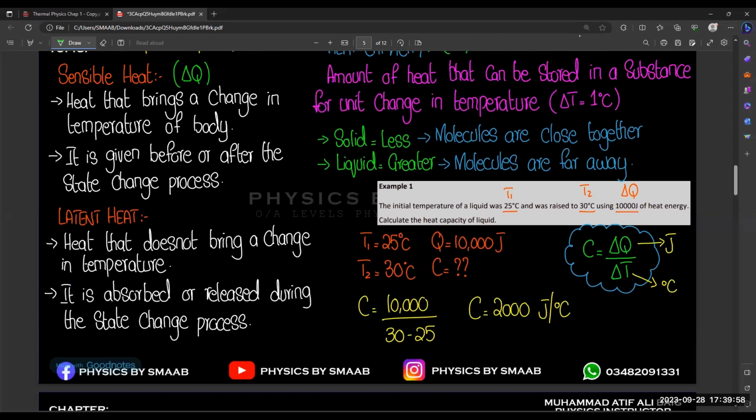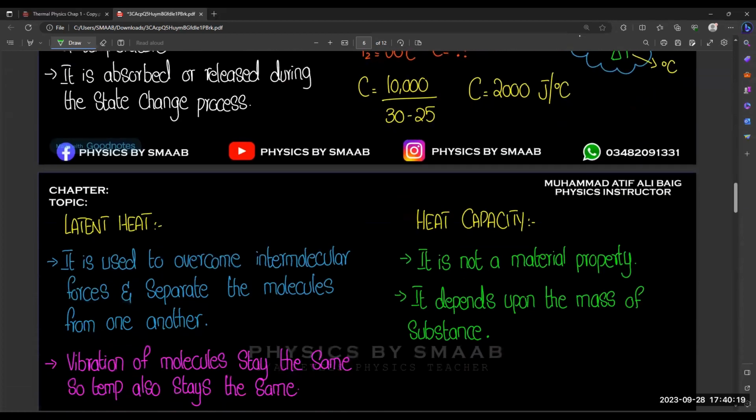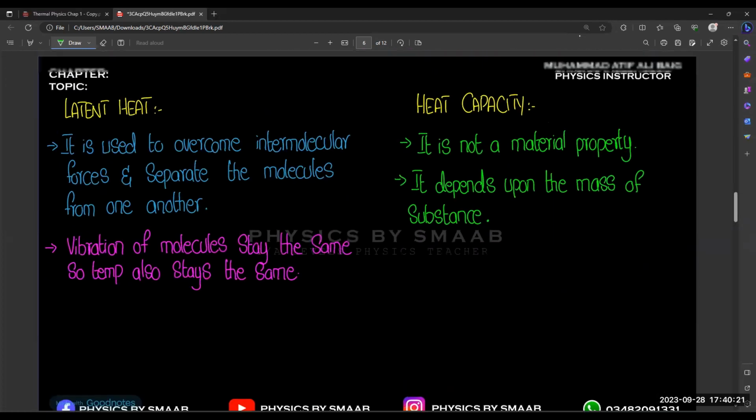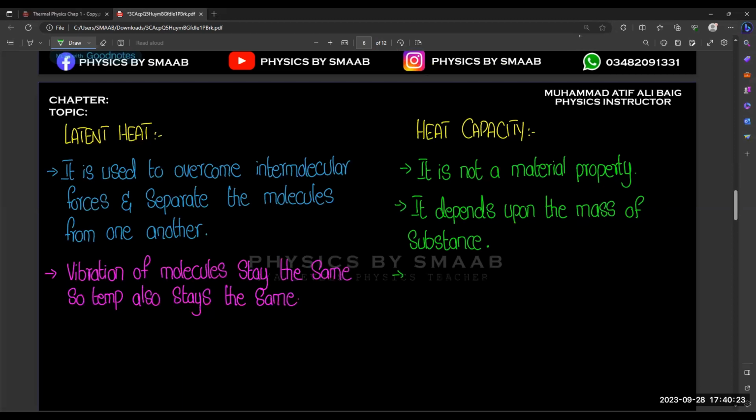The definition shows the amount of heat we provided in a substance. If it depended upon the property of the material, then in the definition we would have to write it for solid, for liquid, or for gas, but there is no such concept. That's why we only wrote that it can be stored in a substance. So basically it depends upon the mass.